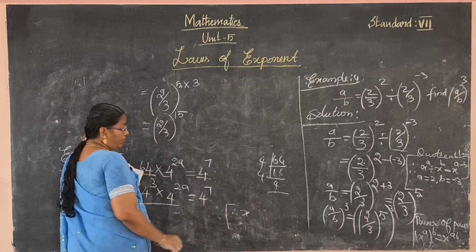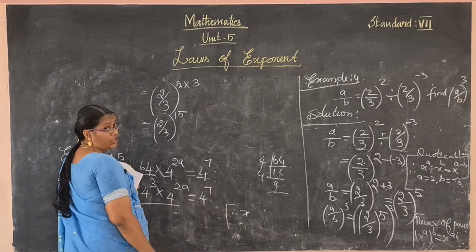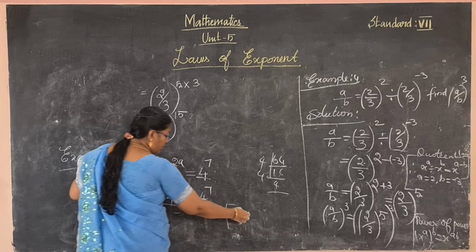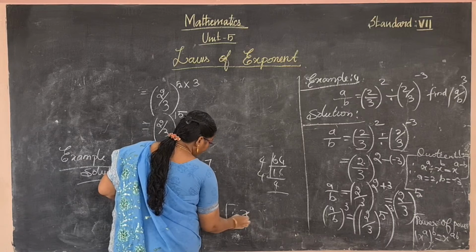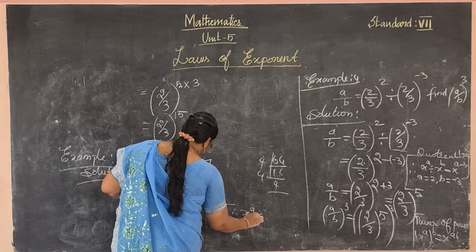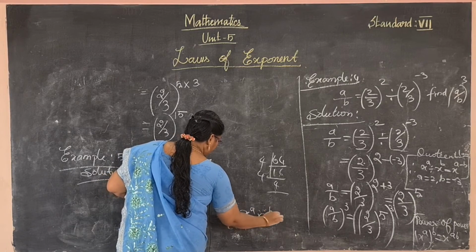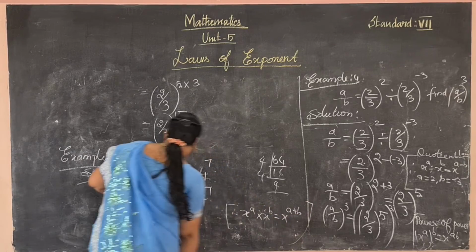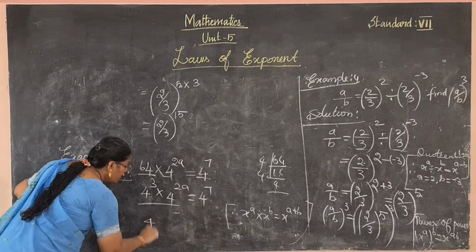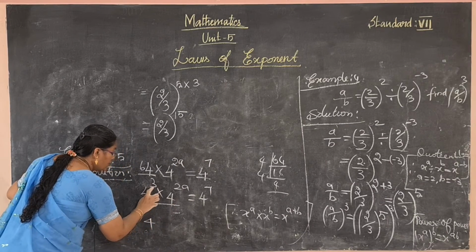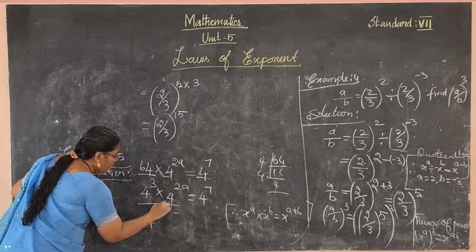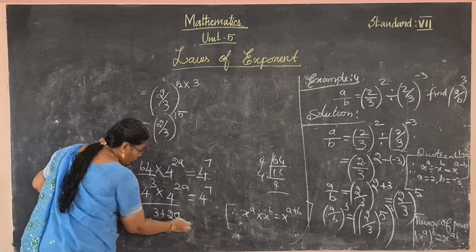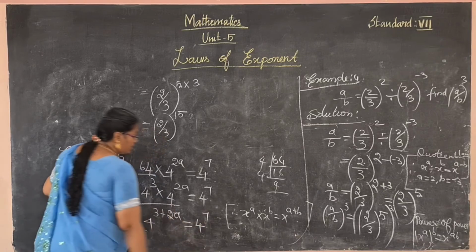Each and every time you should specify which law we have applied. So x power a into x power b is equal to x power a plus b. Here the a value is 3 and the b value is 2a, so 4 power 3 plus 2a is equal to 4 power 7.